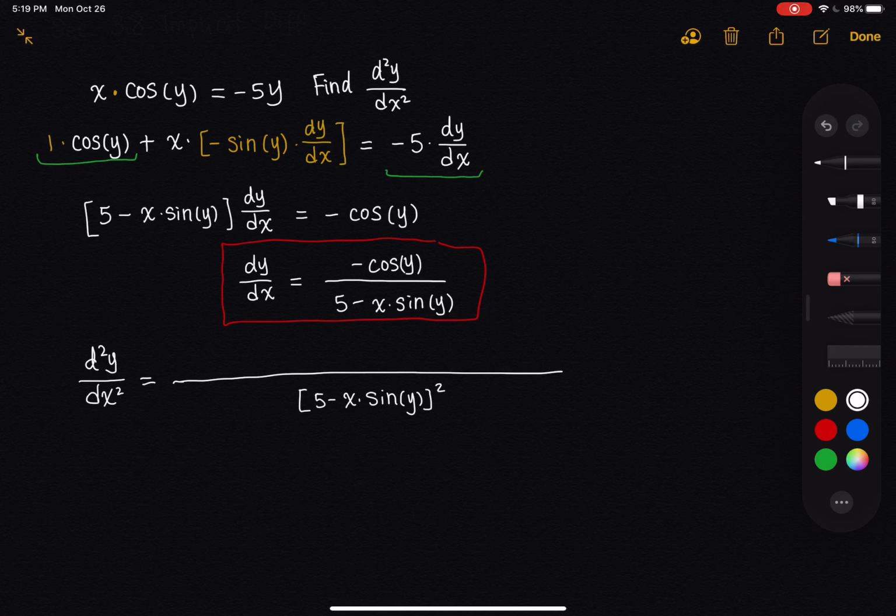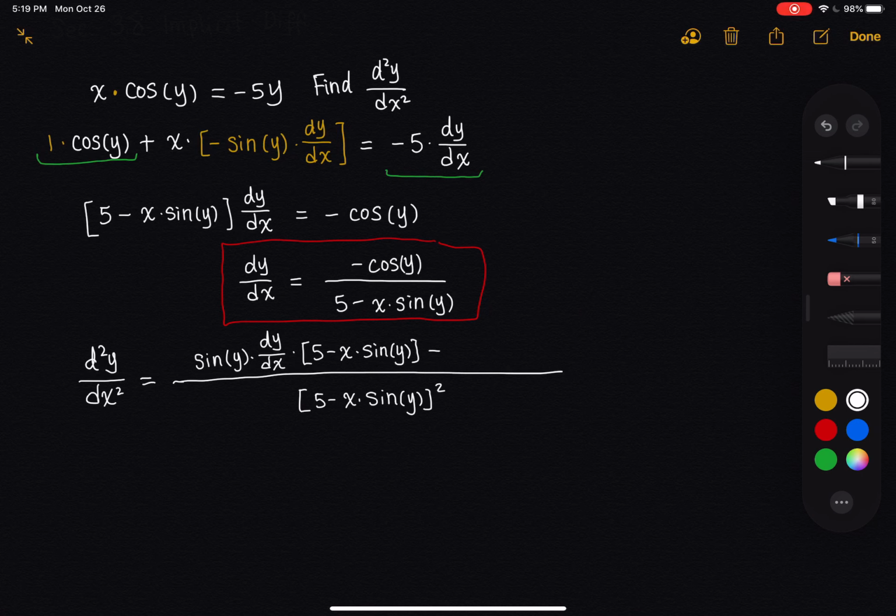The derivative of negative cosine of y is sine of y times dy over dx, and we need to multiply by the bottom function, which is just 5 minus x times sine of y.